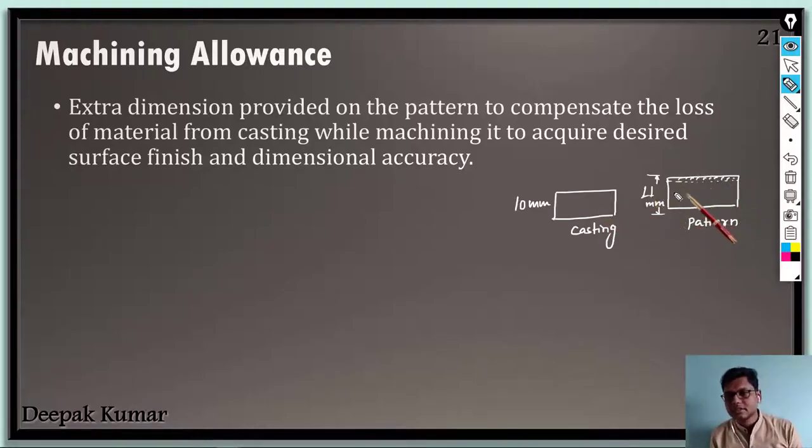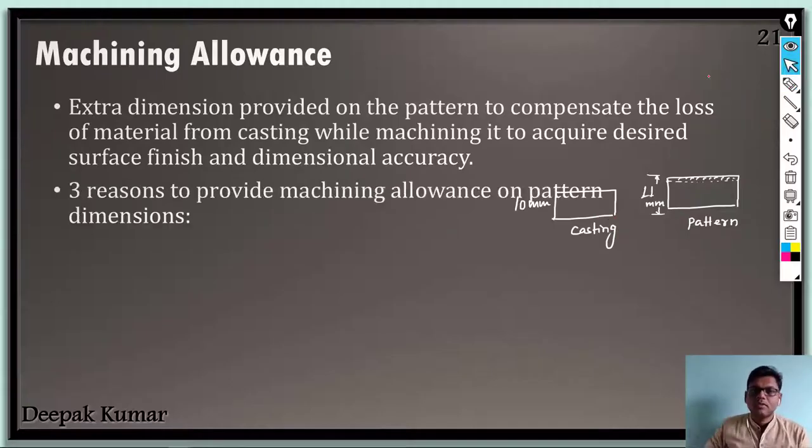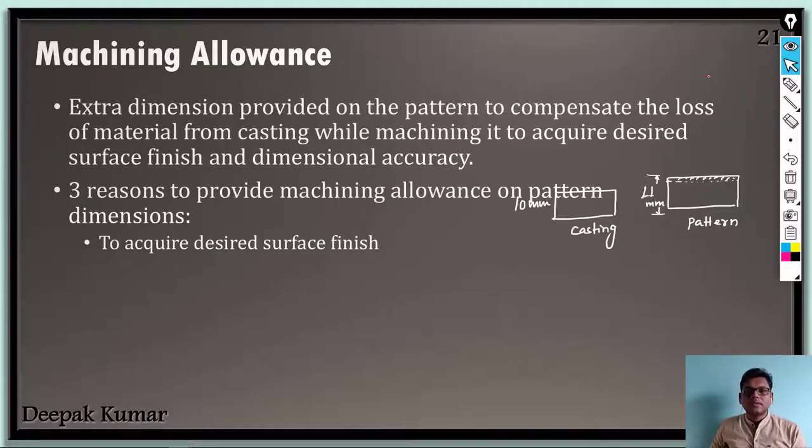Why this extra material is to be removed by machining is because of some reasons. Let's see what the reasons are. Three reasons are there. The first reason is that we need surface finish.